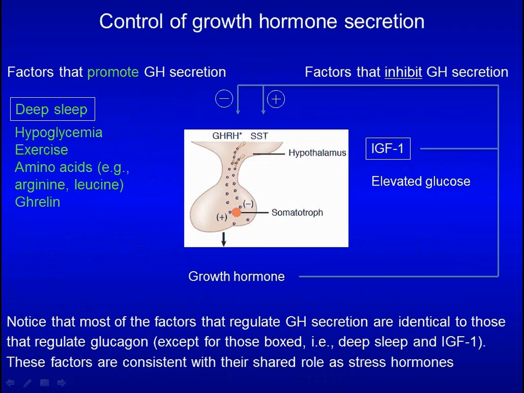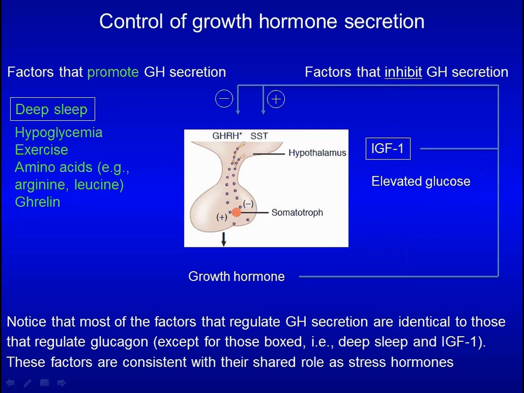Factors that promote growth hormone secretion include deep sleep, hypoglycemia, exercise, amino acids, and ghrelin. Factors that inhibit growth hormone secretion include elevated glucose level, IGF-1, and growth hormone.